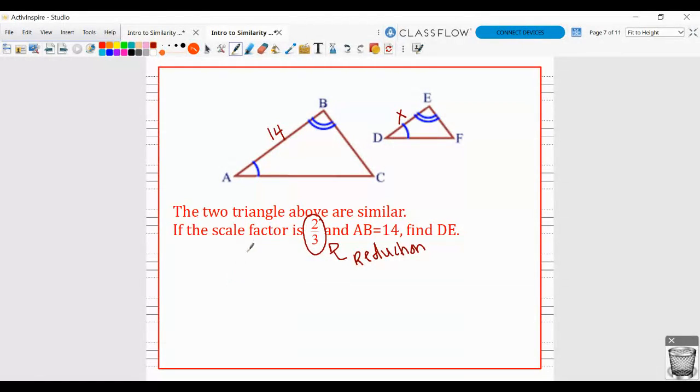Right? So 2/3. So if I did new over old, X over 14. 2/3, I know it's getting smaller. I know this one has to be my new one. I know this has to be my old one based off of this scale factor. Well, let's figure it out. If it's 2/3, oh, you get a proportion. You can go ahead and cross multiply. And I've got 3x equals 28.